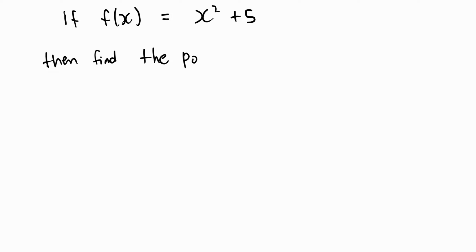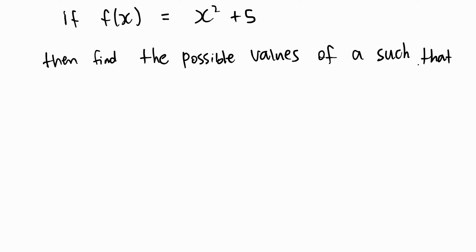Now we're going to go one step higher. If you didn't understand everything so far, just go back and rewatch what I just said. That'll hopefully help you to understand it. I'll explain what this question means in just a second.